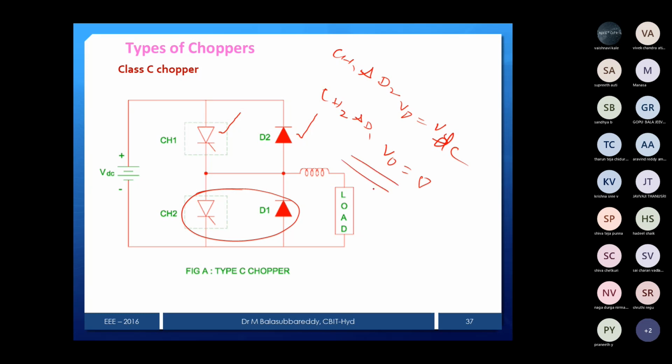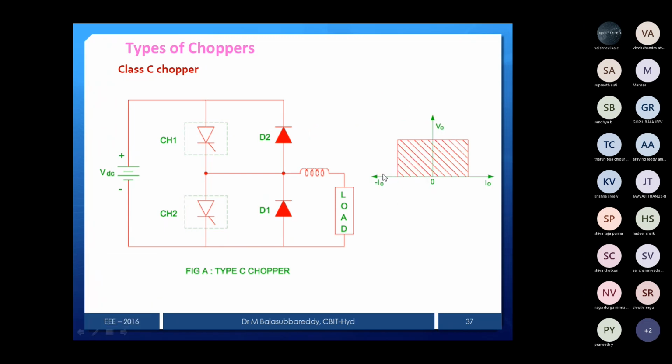Same thing, I will show you waveforms also, simple logic. CH1 and D1 on gives the first quadrant operation. CH2 and D2 on gives the second quadrant operation.